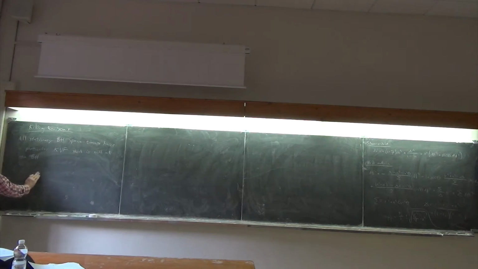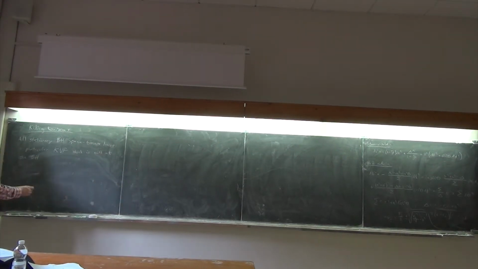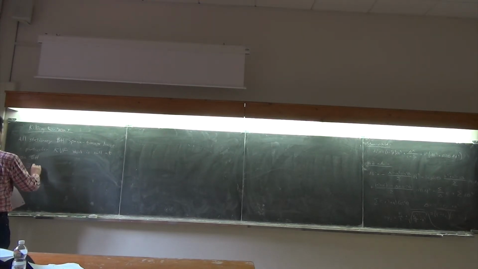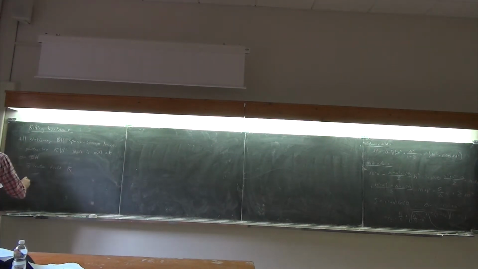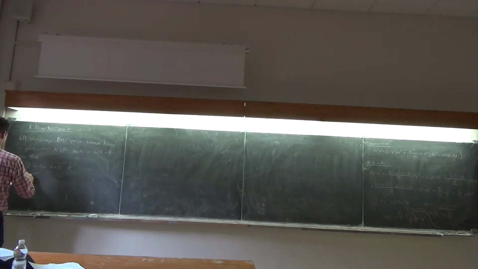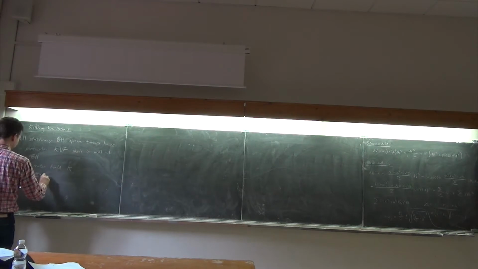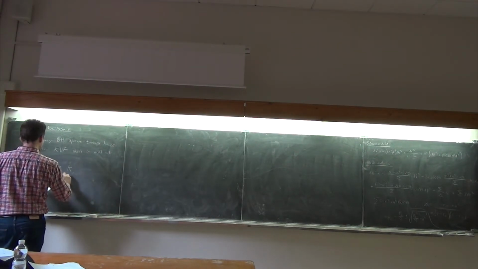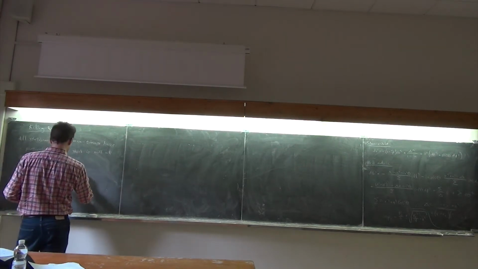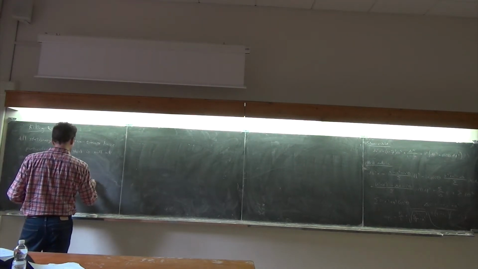So it means that for any stationary asymptotically flat spacetime, you have a vector field. There exists a vector field K such that it's a killing vector field. So we have the killing equation.